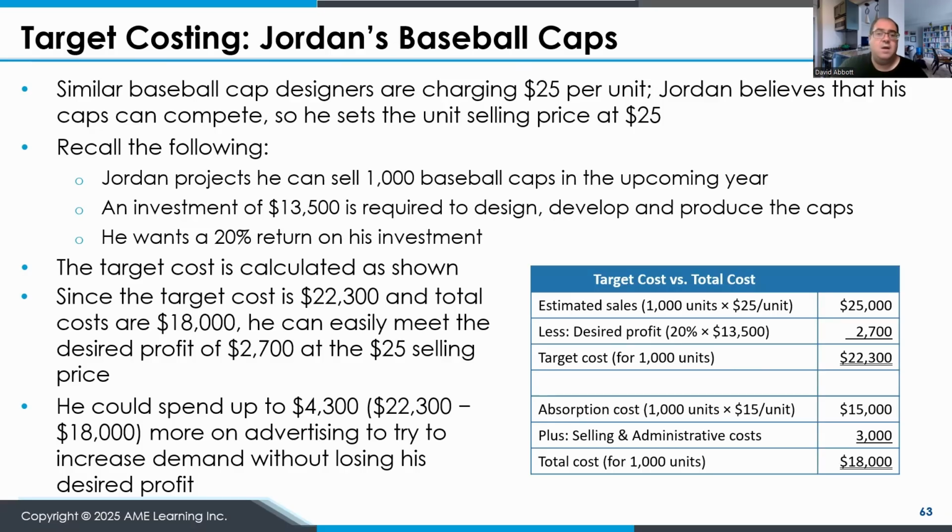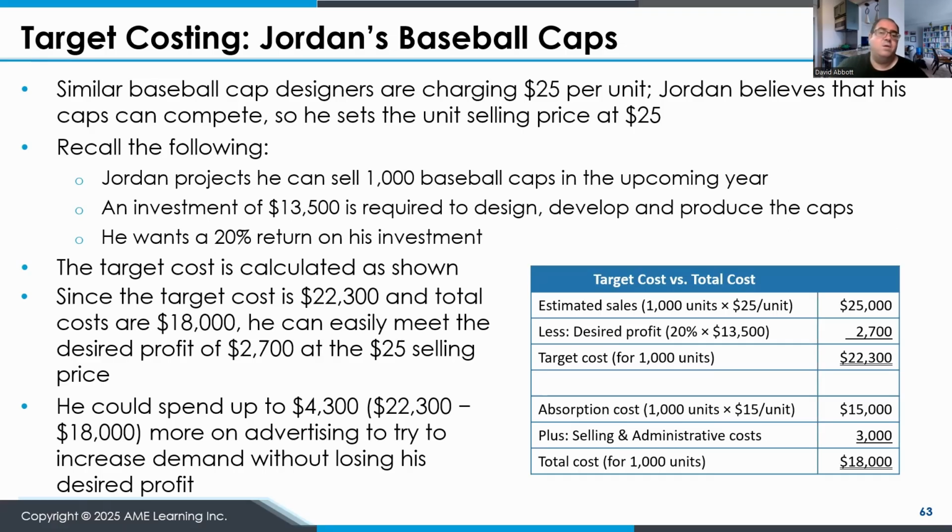And so again, here an example with Jordan. Similar baseball cap designers are charging $25 per unit. Jordan believes that his caps can compete, so he sets his selling price at $25. So then we want to know, okay, how much then can he spend on it?